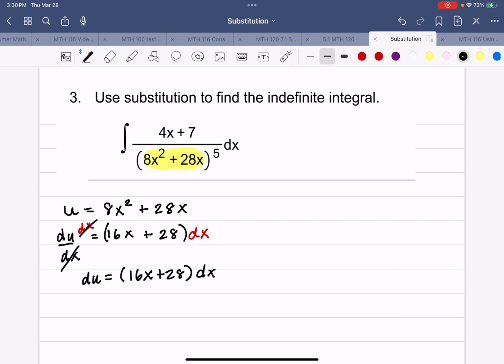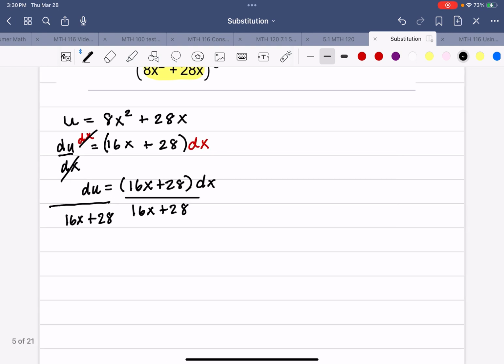And then what I want to do is isolate the dx, so I'm going to need to divide by this 16x plus 28. So both sides, 16x plus 28. That means that for the dx, I can substitute du over 16x plus 28.